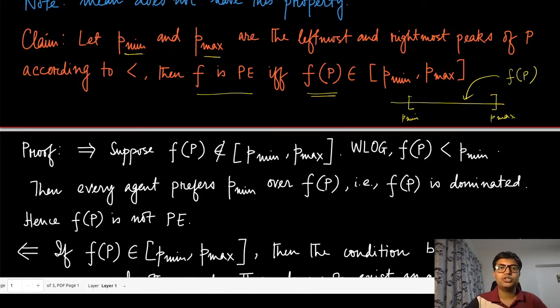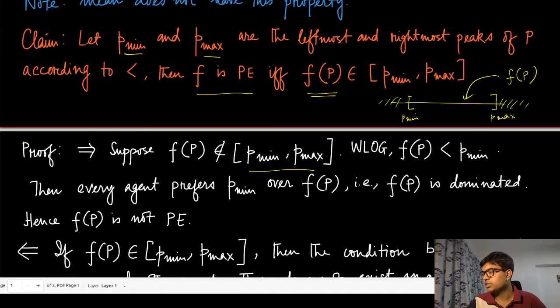Because this is an if and only if condition, we'll prove it in both directions. The first is the forward direction, or the only if direction. We can prove it via contradiction. Let's assume that this f of p is not inside this, so it can be either on the higher side or on the lower side.